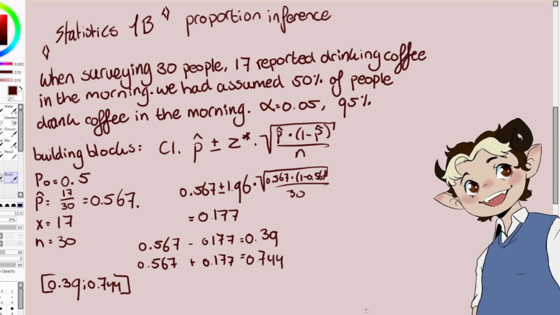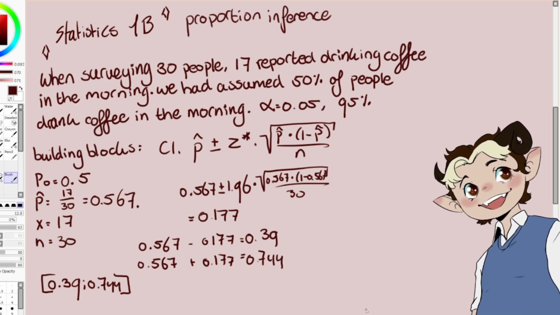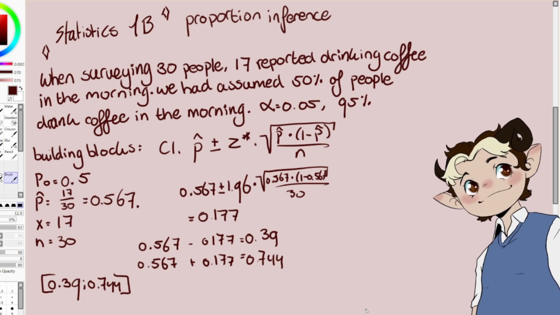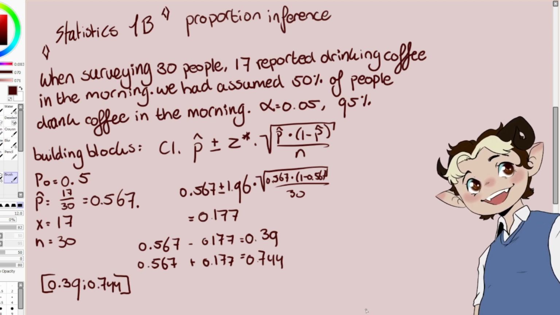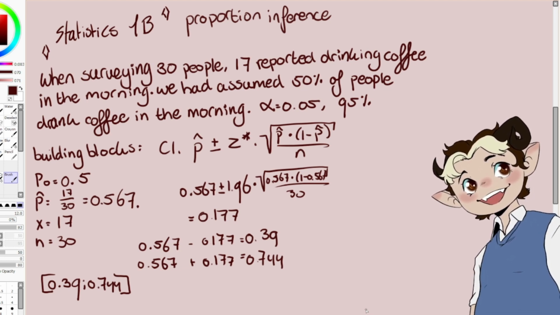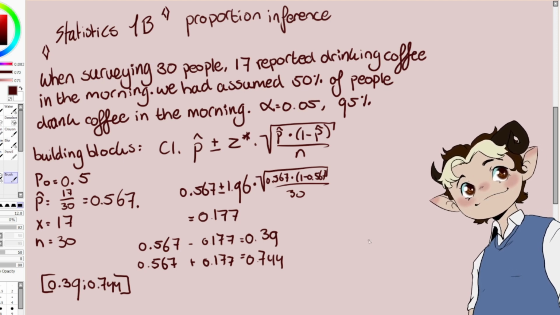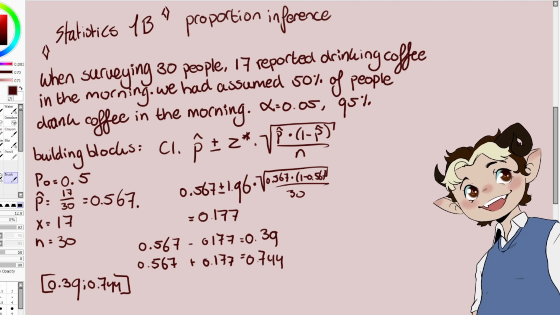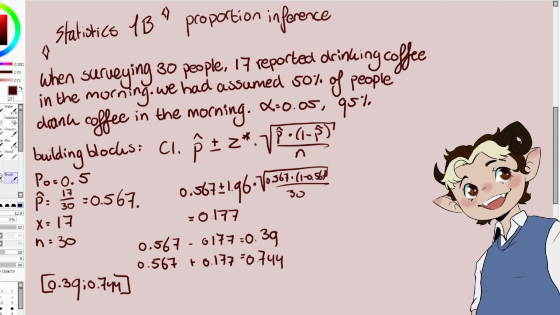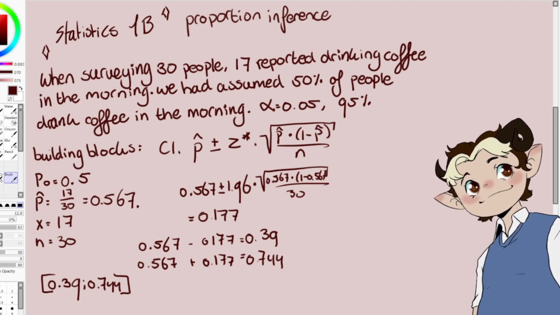That's it. So that is everything for the one sample proportion inference. I highly suggest just doing this a bunch because I got really confused about it. So let's now look at our two sample formulas, and then I'm also going to do an example for that one.